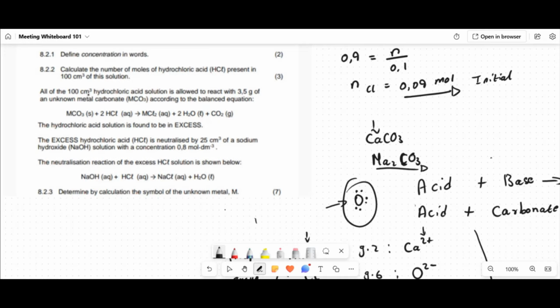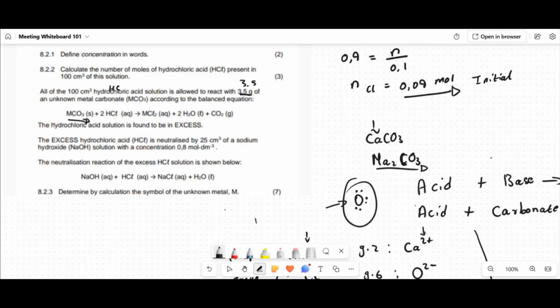I was still saying 100 cubic centimeter of HCl was allowed to react with 3.5 of unknown metal carbonate. Because we are given the mass, it is in powder state, which means it is our limiting reagent, you know that, right?